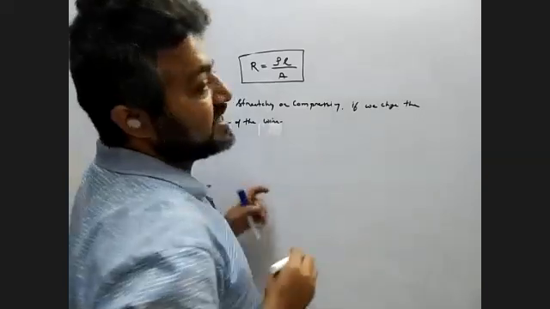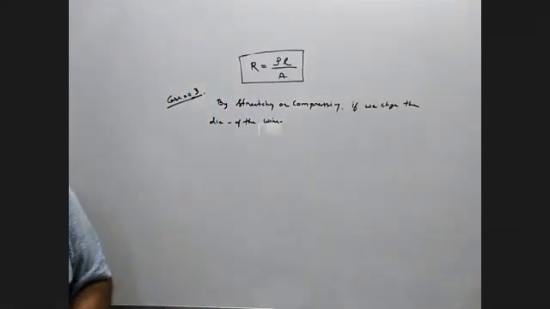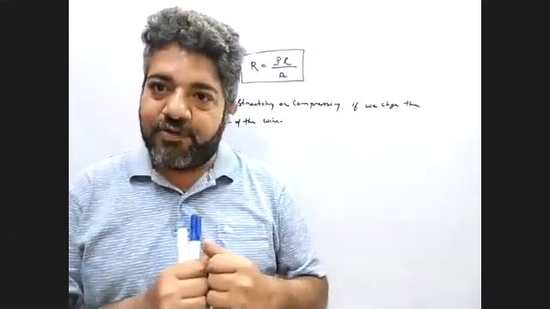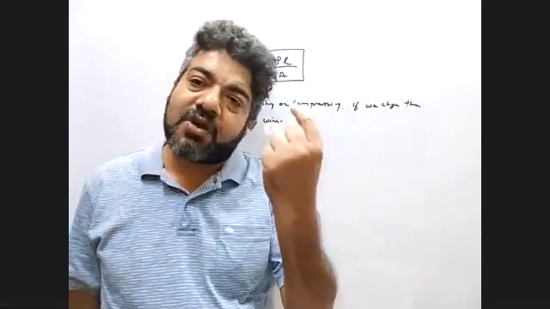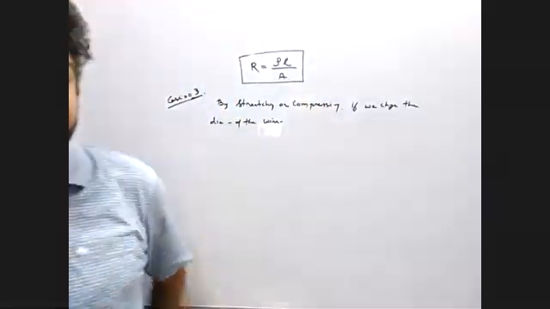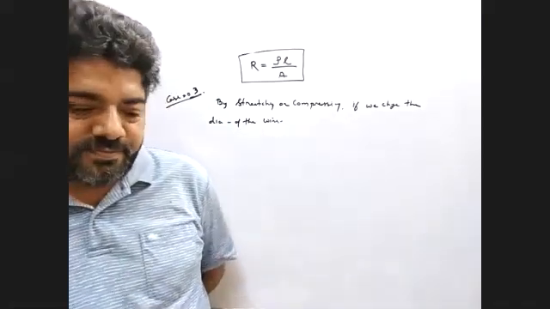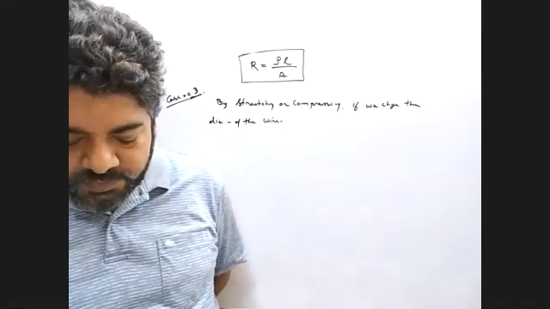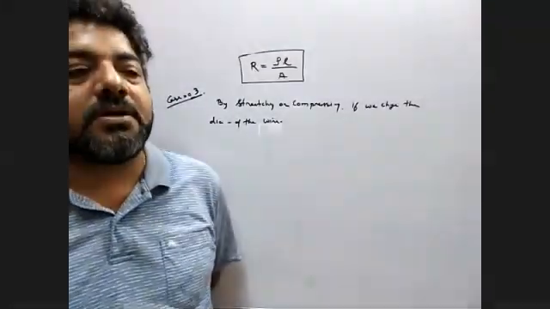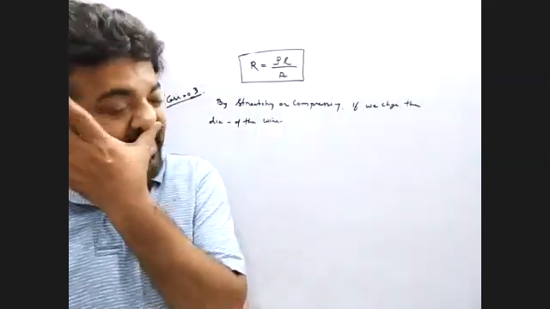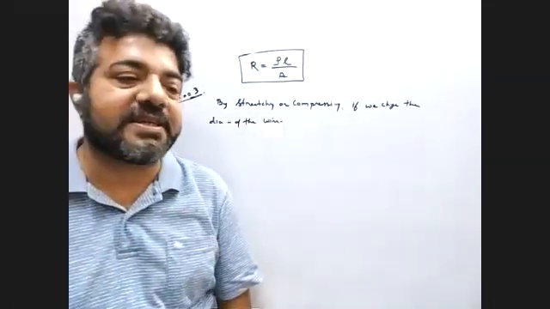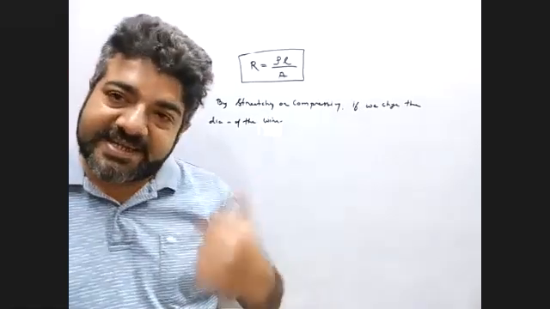So what does diameter change mean? If you increase the length, does the cross sectional area increase or decrease? Decrease. If you stretch, if you increase the length, cross sectional area decreases.